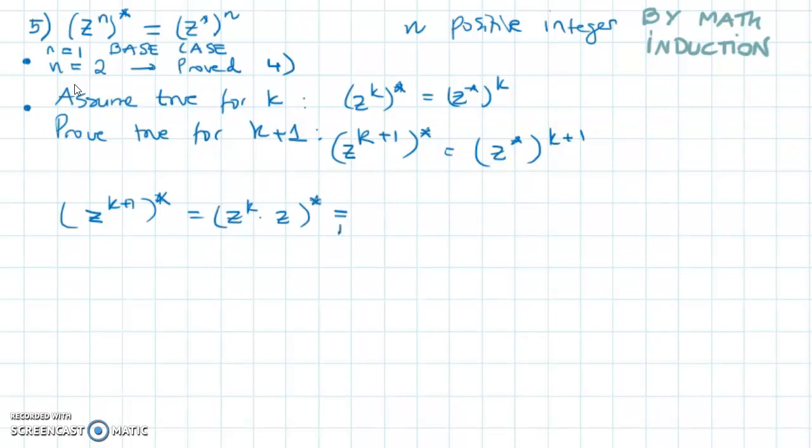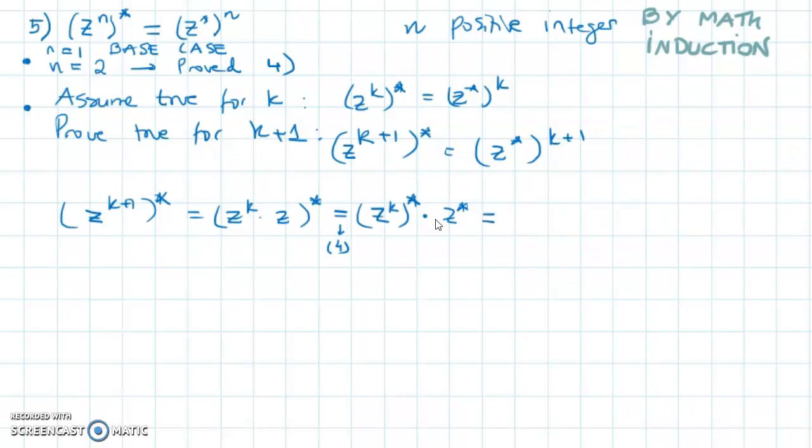But by property 4, if we are multiplying two numbers and taking the conjugate, we can change the order and write that this is the conjugate of z^k multiplied by z conjugate. So for these two complex numbers, z to the k and z, multiplying them first and then taking the conjugate is the same as first taking the conjugate and then multiplying.